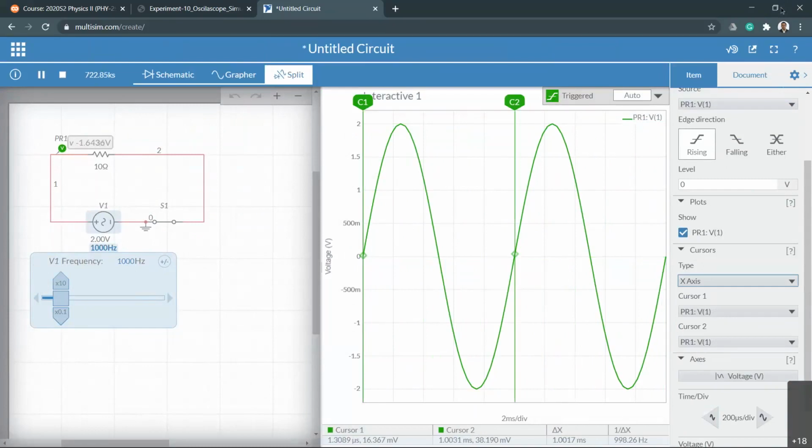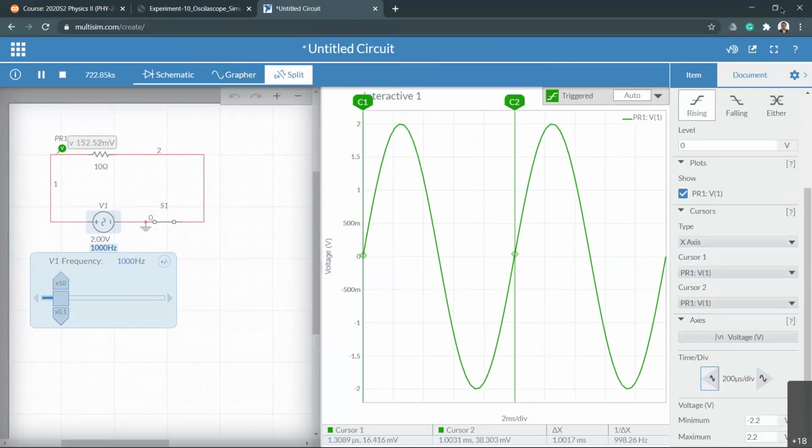Now you can see there's a problem, right? Because this millisecond, you can see it does not change at all. However, if you go to this right-hand tool, the selection rule, time per division, it says the scale should be 200 microsecond per division. For some reason, you have to be careful when you're reading.